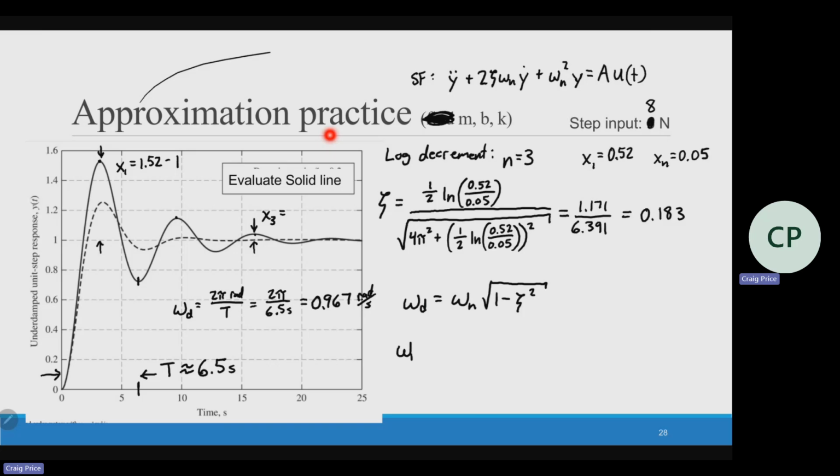Natural frequency, we can just rearrange it, is equal to damped frequency over square root of 1 minus zeta squared. So I've got 0.967 radians per second divided by, this is unitless, 1 minus 0.183 squared. And it's going to be slightly larger than the damped frequency.